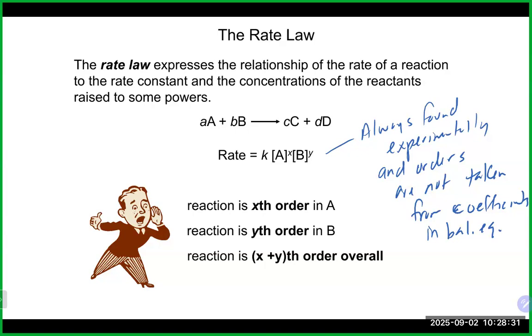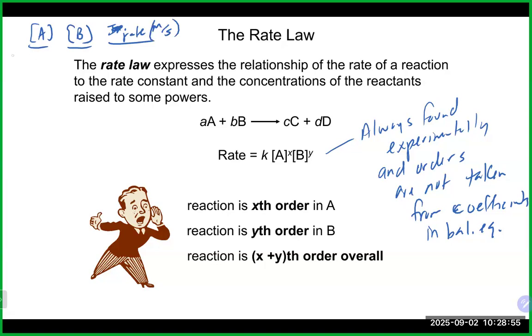Because these are always found experimentally, you typically will be given an experimental table of information that, for example, will have the concentration of A, concentration of B, and some initial rates, or really just the rate, as it is sometimes referred to.